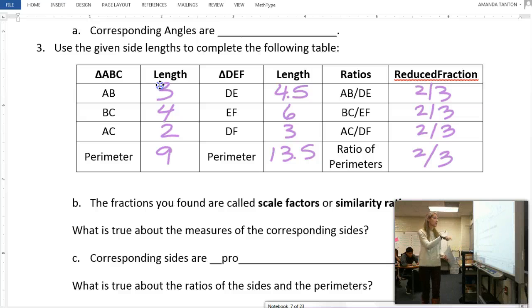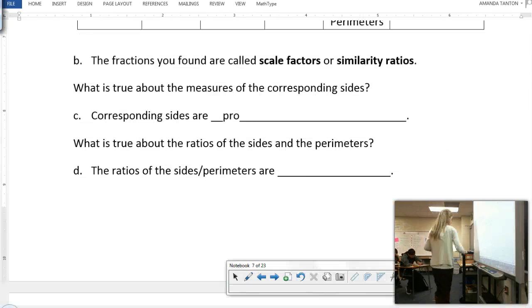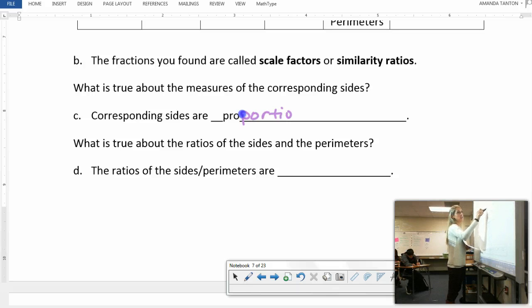So I want you to answer the questions at the bottom and then we'll talk about them. Answer B and answer C, please. All right, Claire, what do you think goes in the blank for part C? Corresponding sides are proportional.